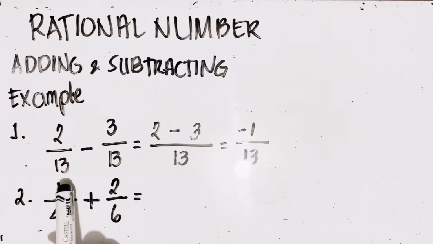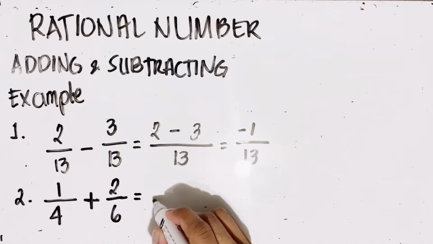Here, the denominator in the first fraction is 4, while in the second fraction we have 6. Are the denominators the same? No. So these fractions are dissimilar. If they are not similar, we should make these fractions similar fractions. So how to do that one?